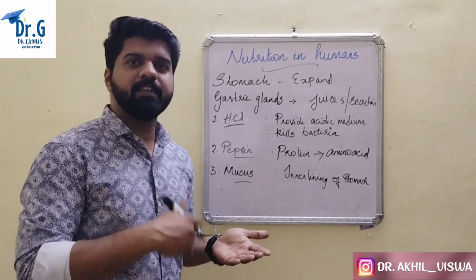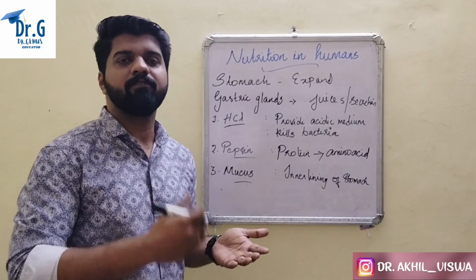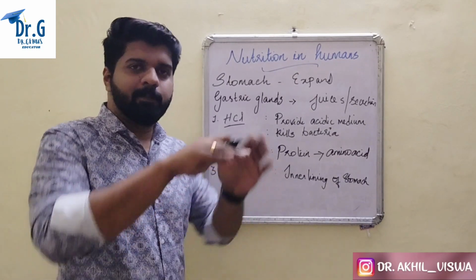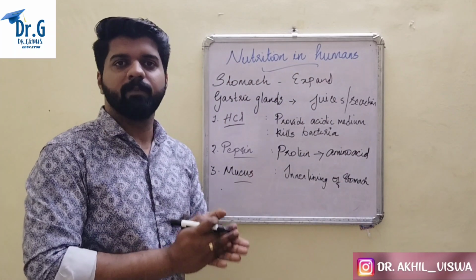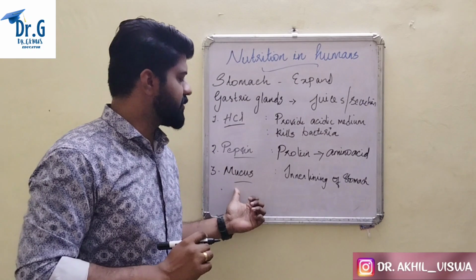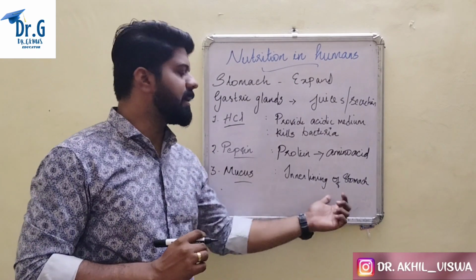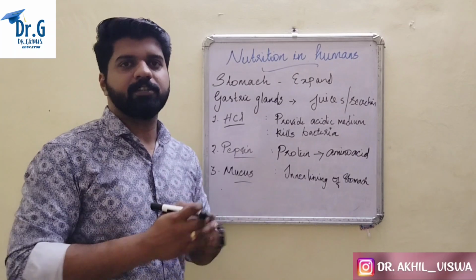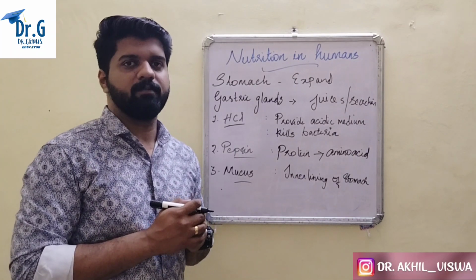If it is inside also, there is a chance of destruction of our own cells. So this mucus lining will protect the lining of the stomach from the attack of HCl. It is the inner lining of the stomach and helps in the overall protection of the stomach wall.